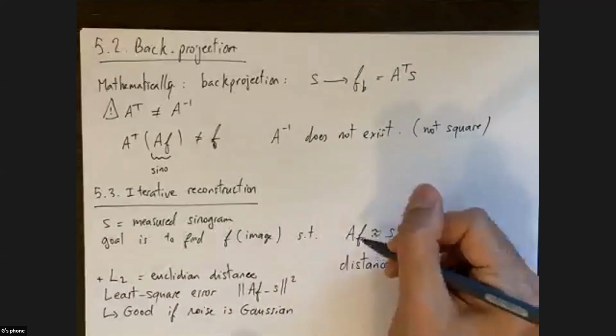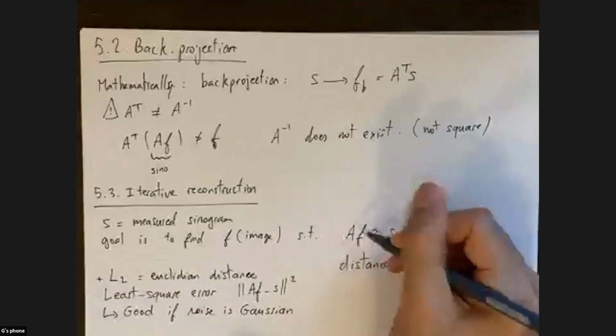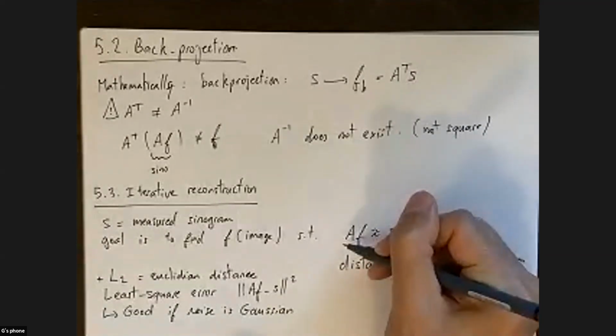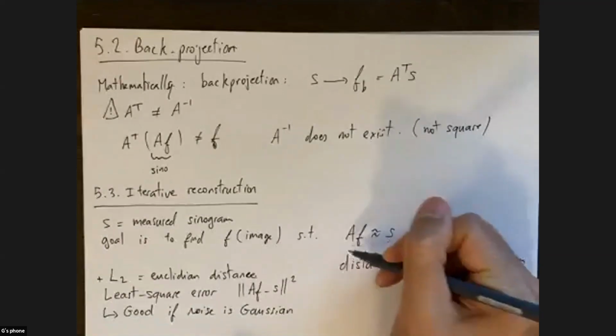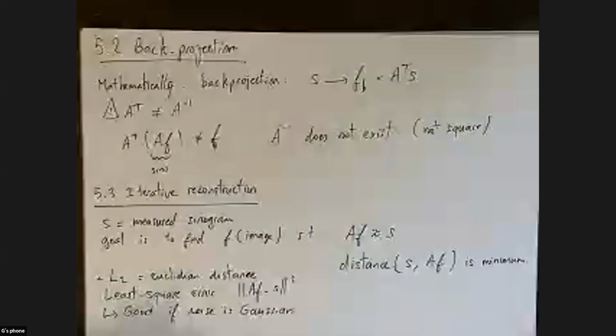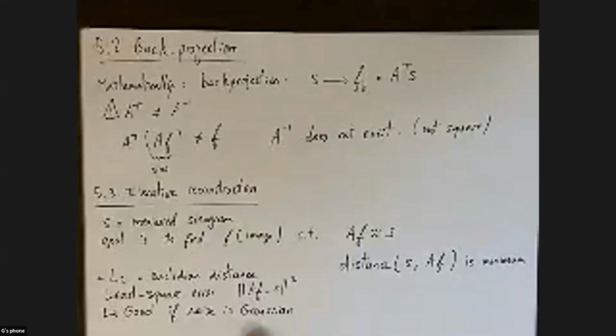There's actually noise being added to the system. So when we have a tracer distribution F, not only is the matrix applied, but there's also some noise being added. If there's Gaussian distributed noise, then doing least square error would be the ideal way of doing it.